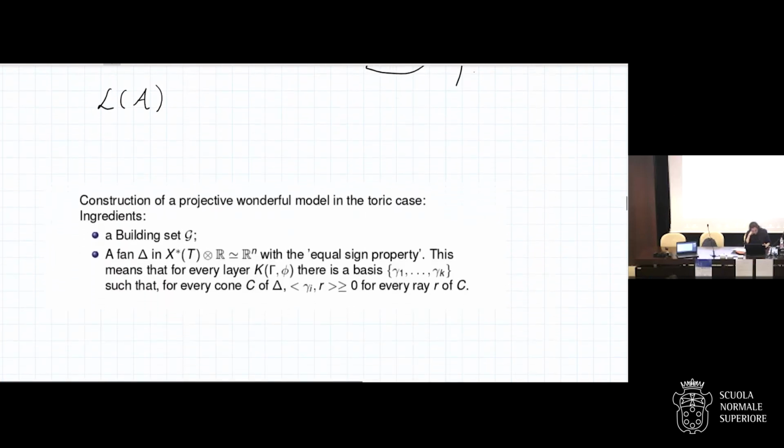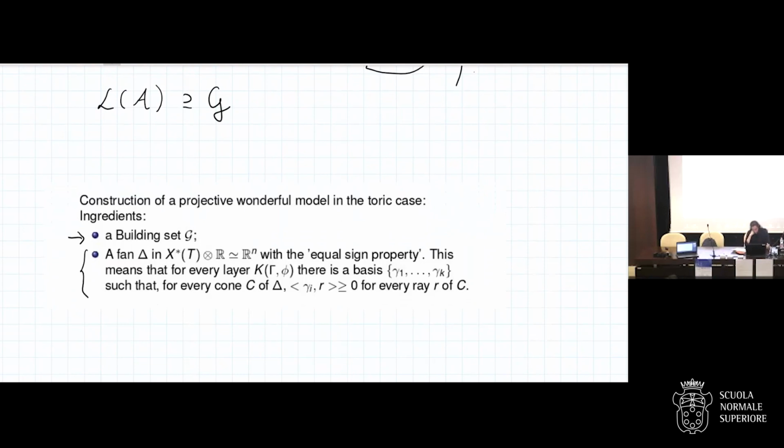In general, to build a wonderful model associated to a toric arrangement, one would need, again, a building set, which is a set of elements inside this lattice of intersection. And there is something new.